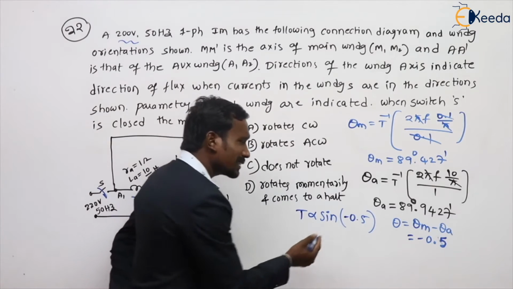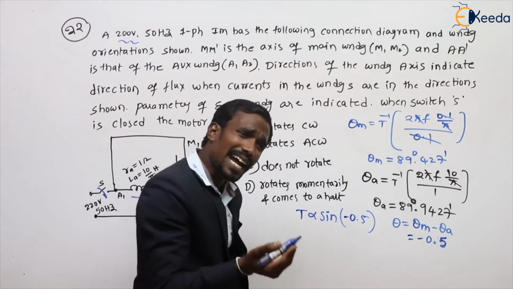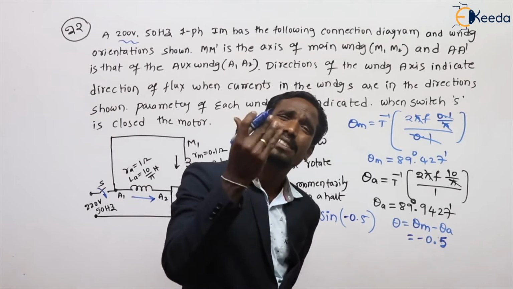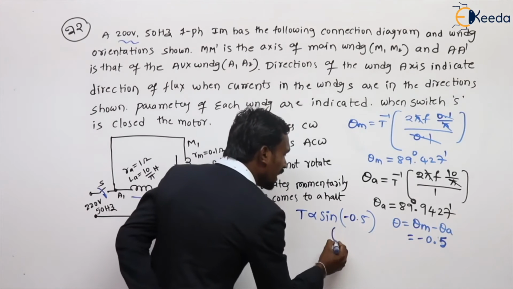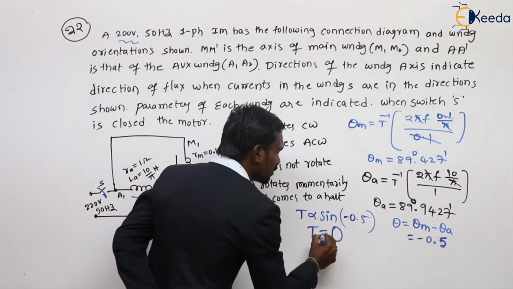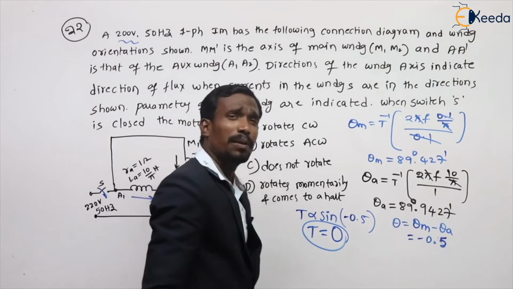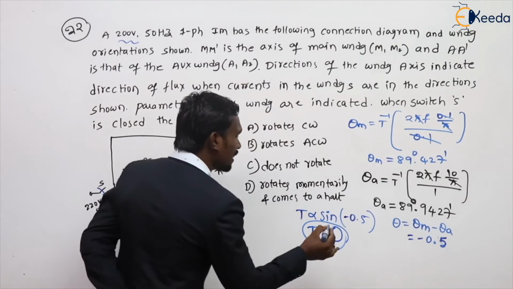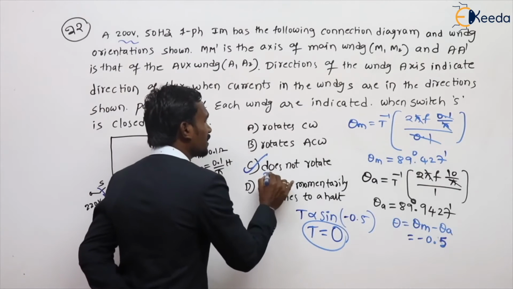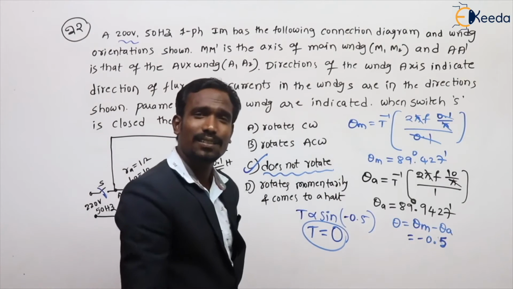Can you tell me what is sine 0.5? Sine 0.5 is mostly 0, just as sine 0 is 0. Then what is the torque produced in the machine? The torque produced in the machine is mostly 0. Hence the answer is that it doesn't rotate.